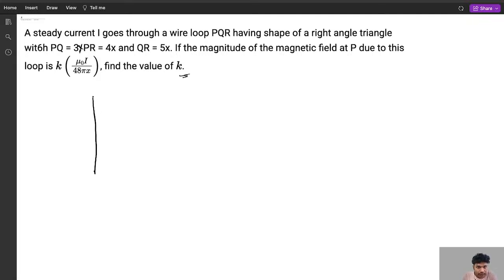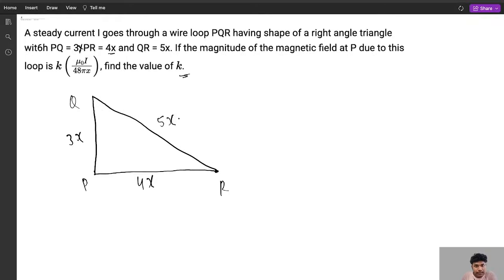Here is our right angle triangle with P here, then Q, and this is R. PQ is equal to 3x, PR is equal to 4x, and QR is equal to 5x.